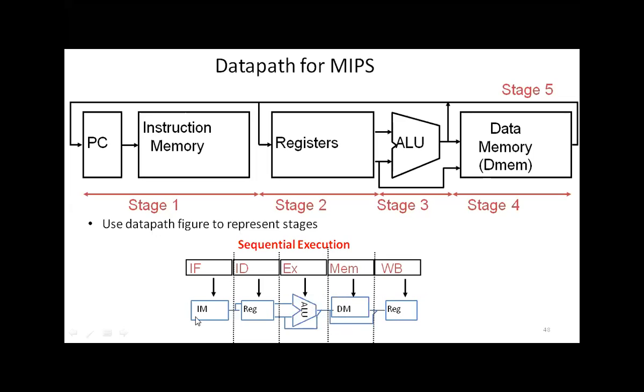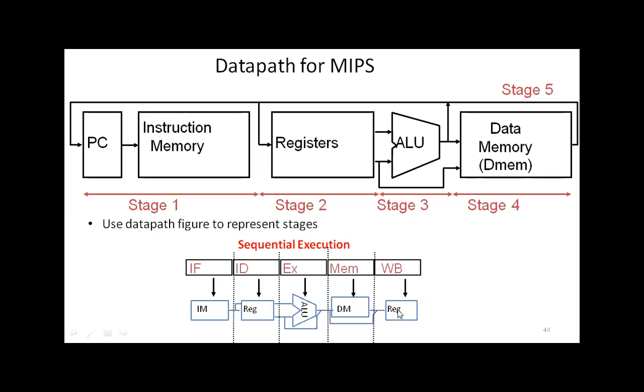In the IF stage, instruction memory is used, because the instruction is fetched from the instruction memory. And in the MEM stage, data memory is used. Then the last stage, WB.